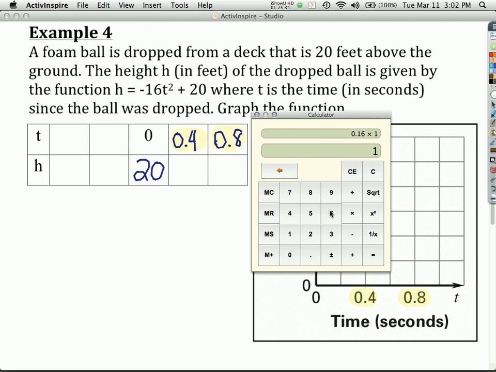Well, I don't need the negative. I can just do times 16. And now flip it to negative. And now add 20 plus 20. 17.44. So this comes out to 17.44.